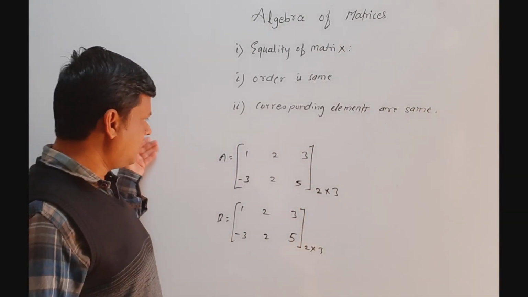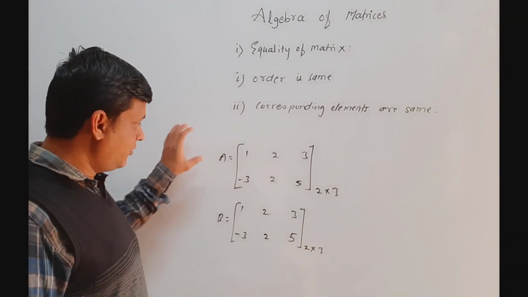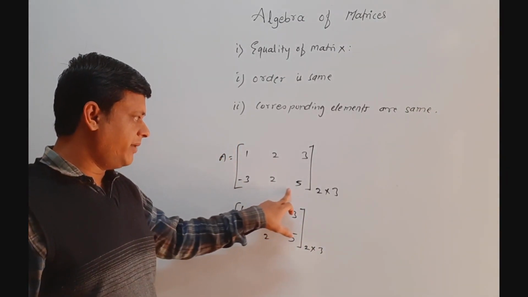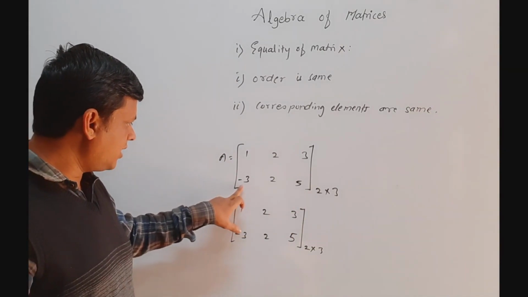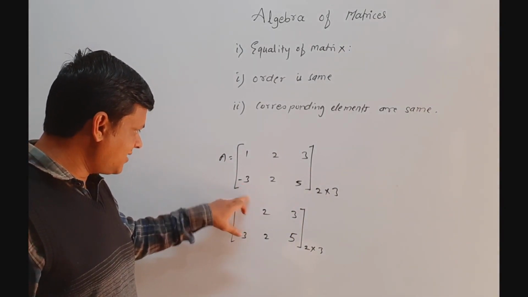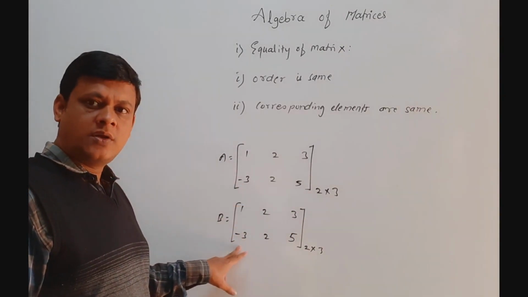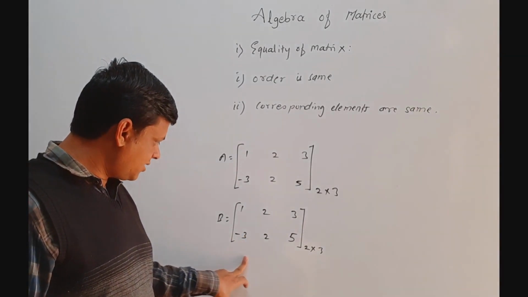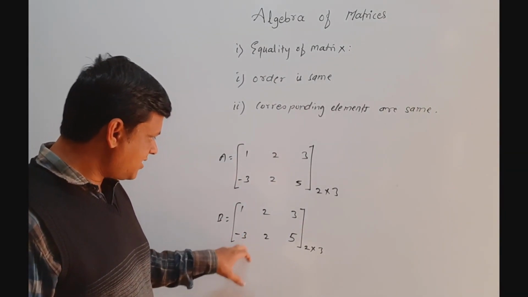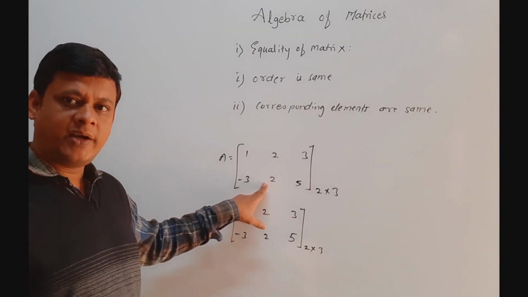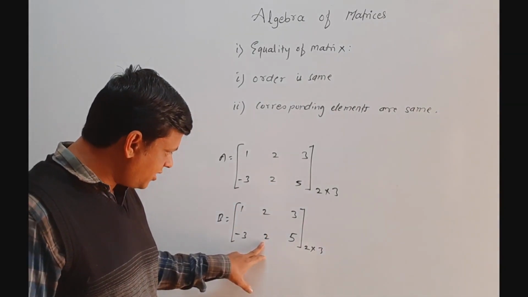So we checked the elements of the first row, which are the same. Now we have to check the elements of the second row. Here the first element of the second row is -3. Here the first element of the second matrix's second row is -3. Here the second element is 2, here the second element is also 2.